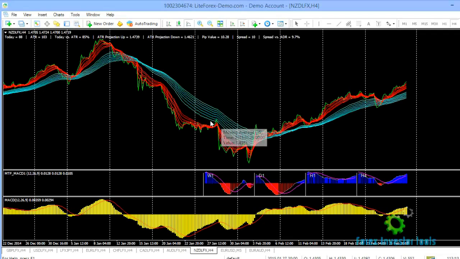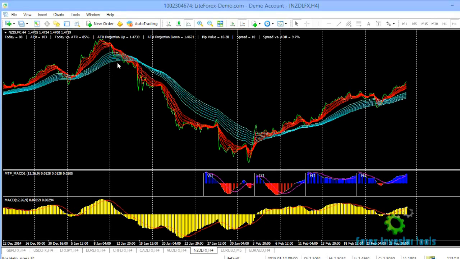Now, when you see a crossover of your shorter and your longer term moving average, it says that you can see a change in trend, and you can expect the price to move in the opposite direction.